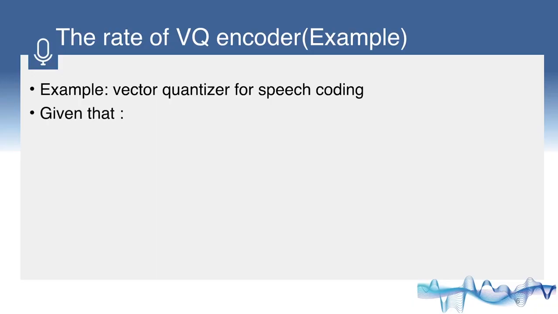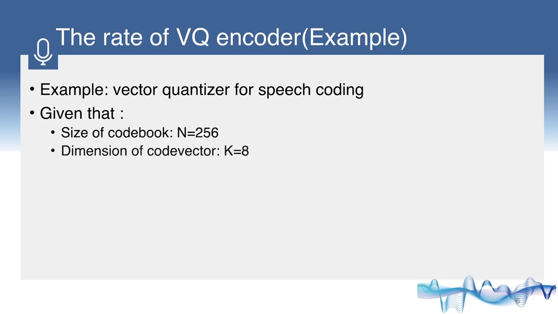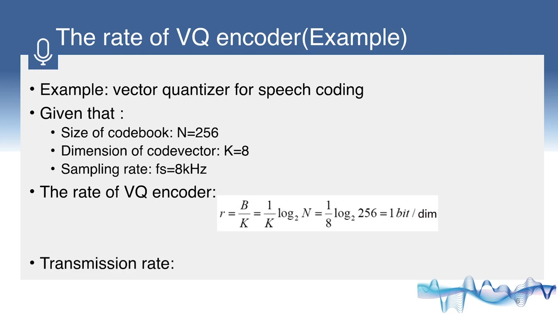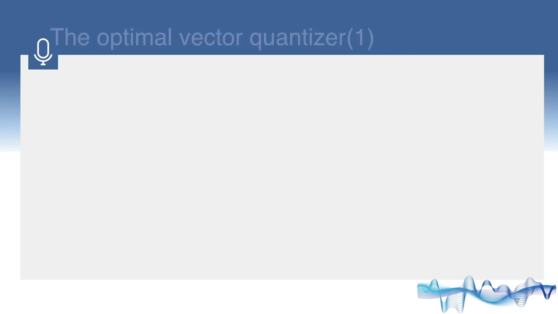Given that the size of codebook N equals 256, dimension of code vector K equals 8, sampling rate fs equals 8 kHz. According to the equation, the rate of the VQ encoder will be 1 bit per dimension. The transmission rate RT will be 8 kilobits per second.